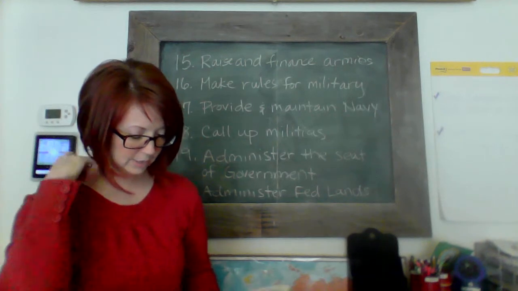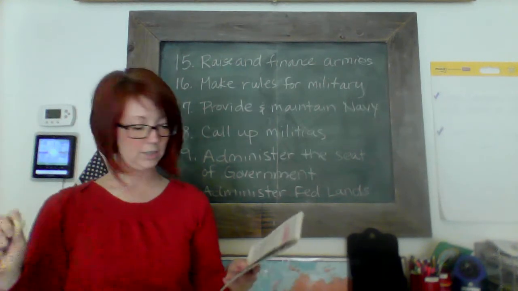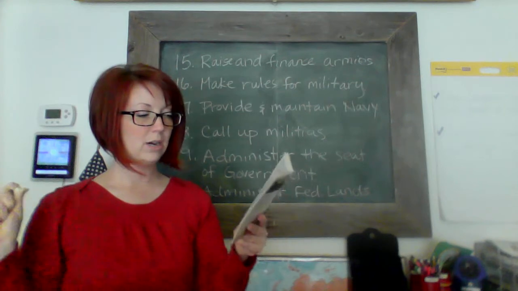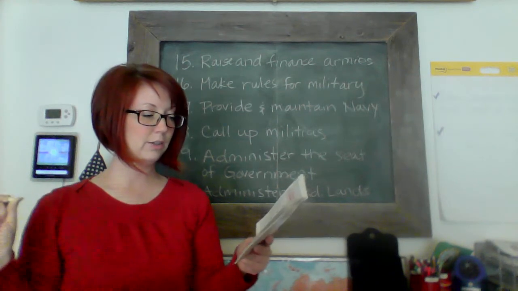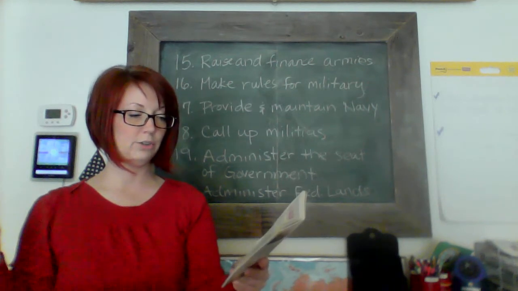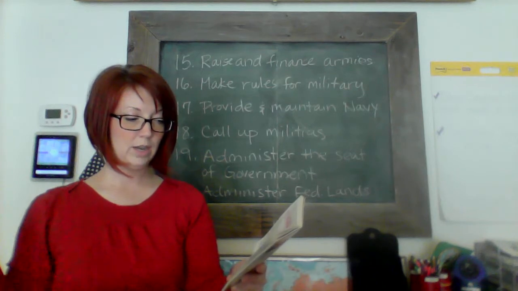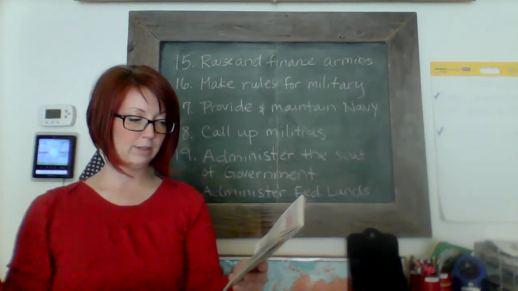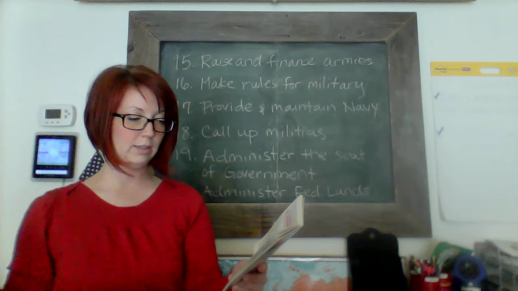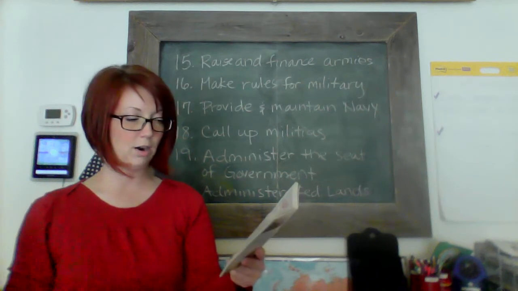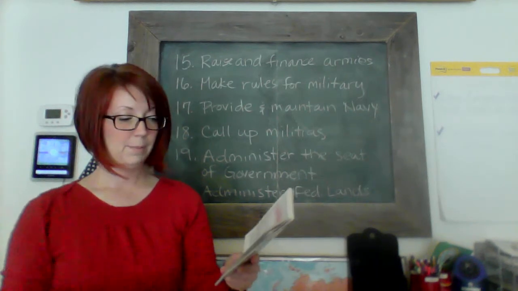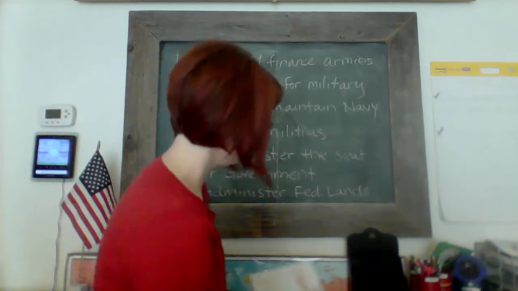And then our last one is really important. This is to make all laws which shall be necessary and proper for carrying into execution the foregoing powers, and all other powers vested by this Constitution in the government of the United States or in any department or officer thereof. Basically, I'm going to erase this real quick.